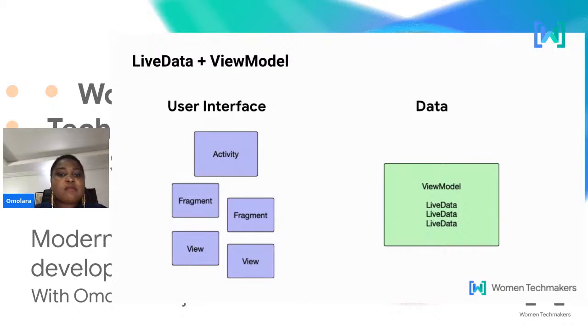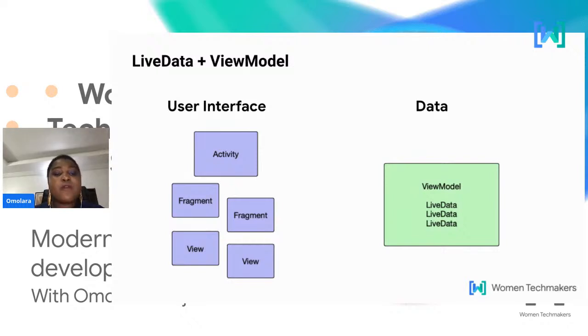All right. So going further down, we have live data and view models. View models store objects that can be observed on your UI. Just for example, you have an activity that has a text view that you want the text to update when something happens, right? You can make your UI listen to changes in your source.